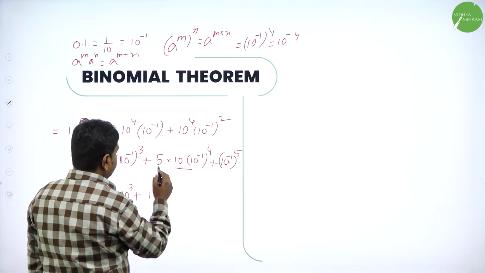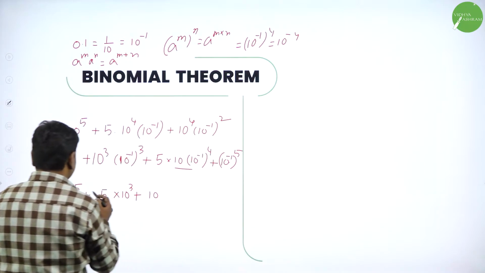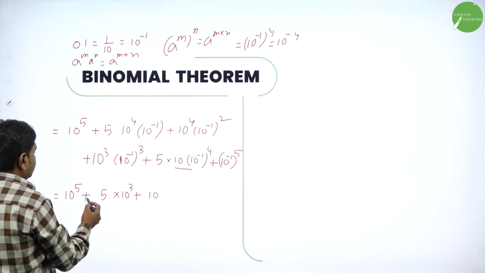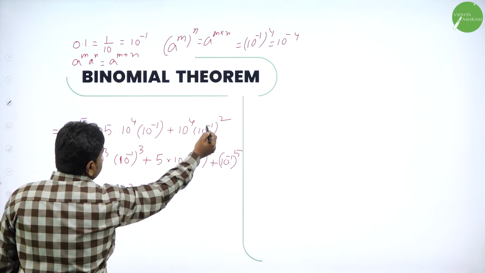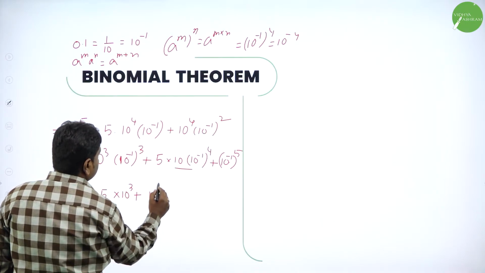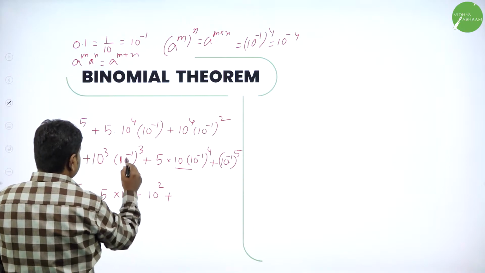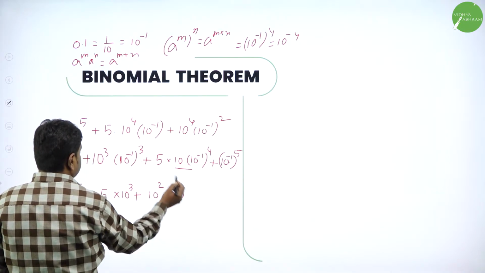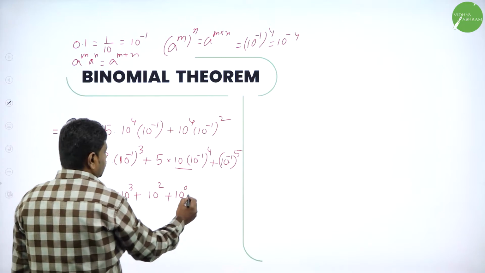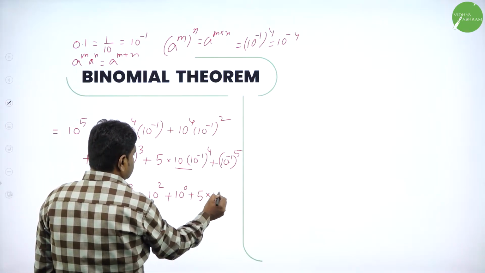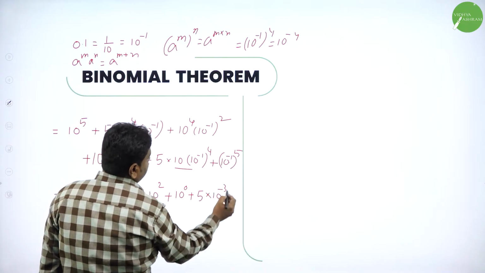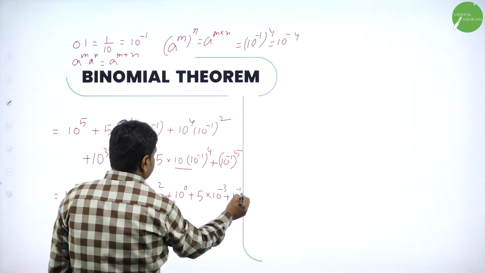So 5 into, go on simplifying the terms. We have this term, and 10 power 4 into minus 2 is 10 power minus 2. 4 minus 2 is 2, plus 10 power 3 and minus 3 will become 10 power 0, plus 5 into 10 power minus 4 plus 1 becomes 10 power minus 3, and this will become 10 power minus 5.